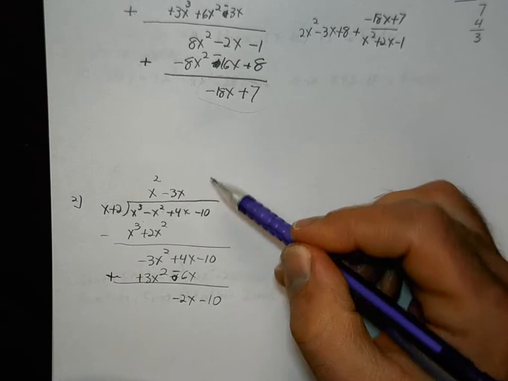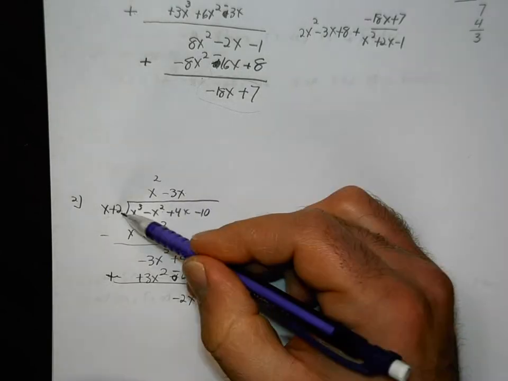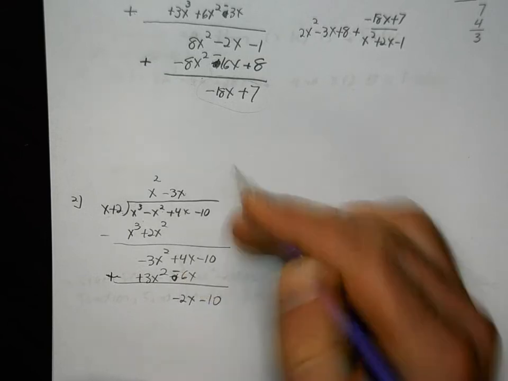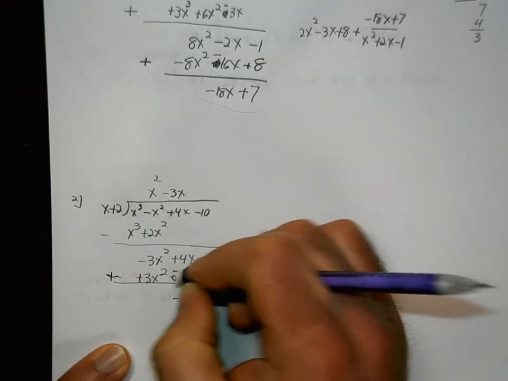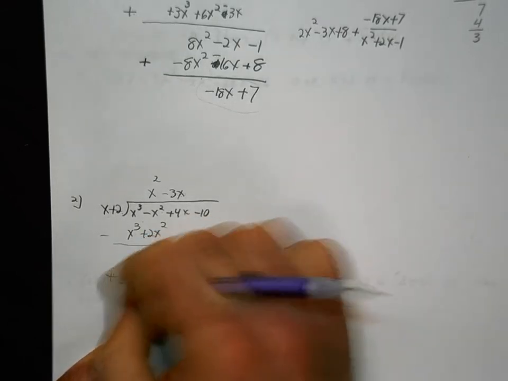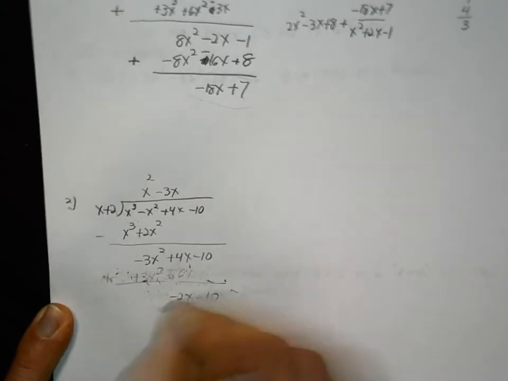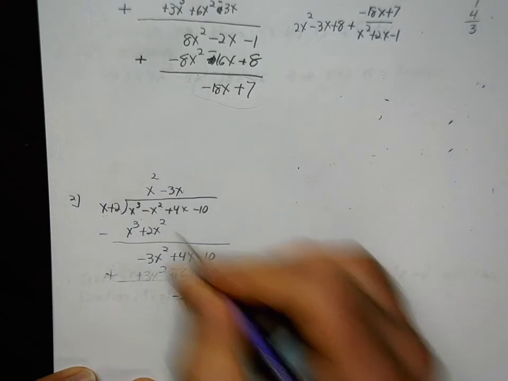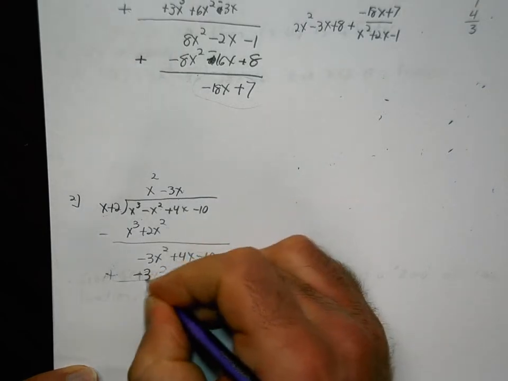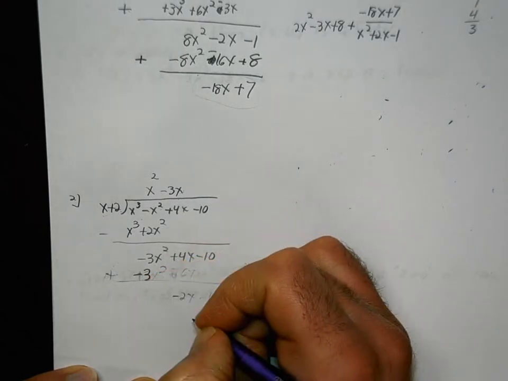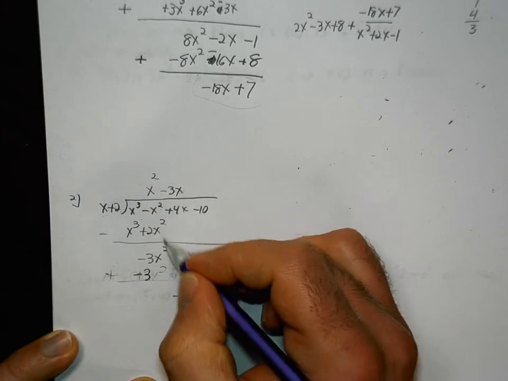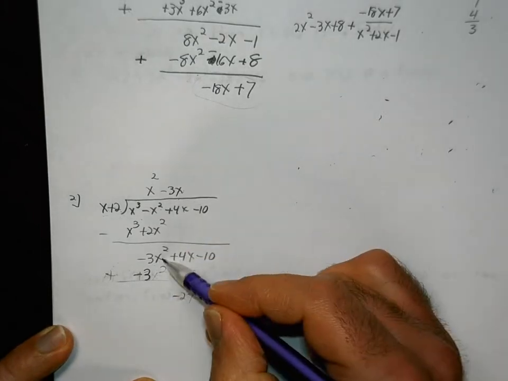Wait, I think, did I do that right? Negative 3x times 2 would be negative 6x. Yep, made a mistake here, I think. Back up the bus here. So negative 3 times x is negative 3x squared.